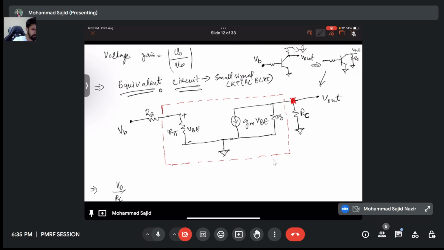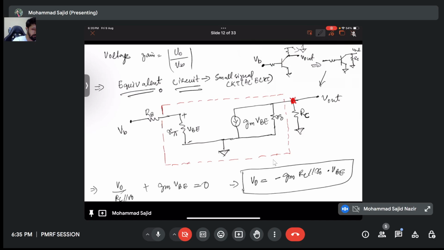Similarly for RC as well. So these two are in parallel. So I can write V naught by (RC parallel R naught) plus gm VBE is equal to 0. So this is my KCL. This means I can write V naught as minus gm times (RC parallel R naught) times VBE. So this is my V naught.